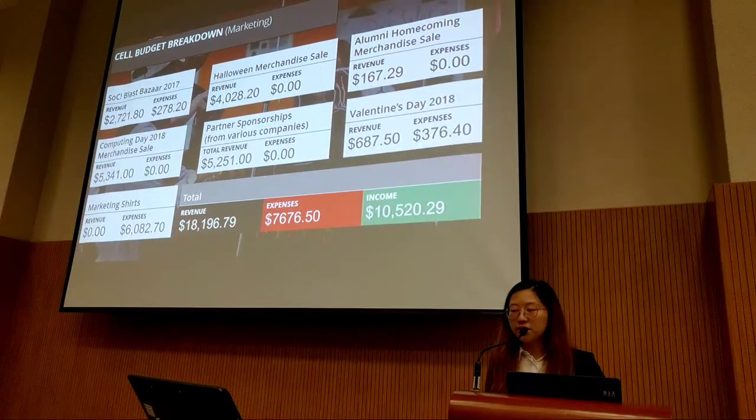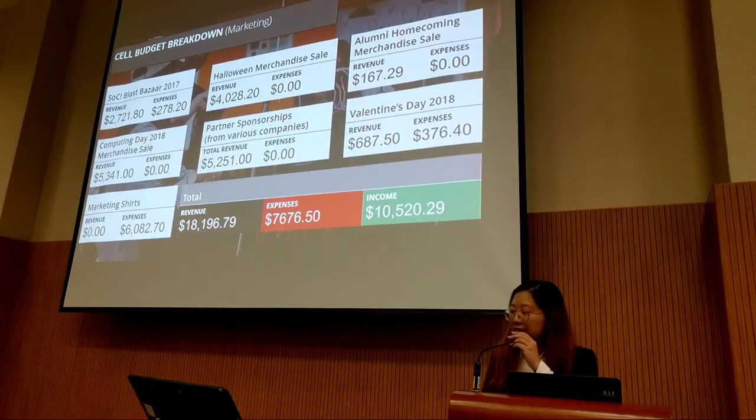The amount you see here, $5,251, is earned from the long-term sponsors that supported computing as a whole, namely Greens, Happy, and Credence.